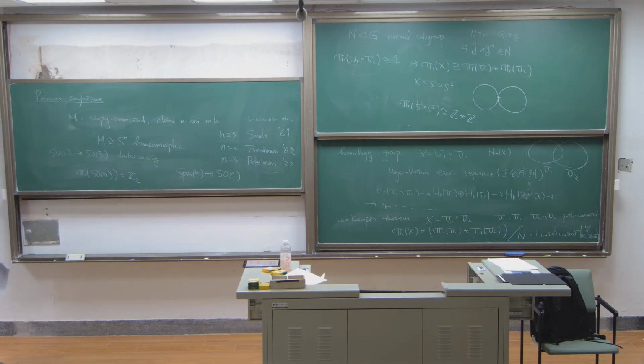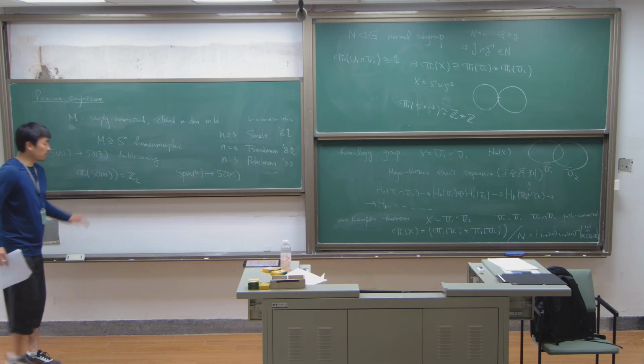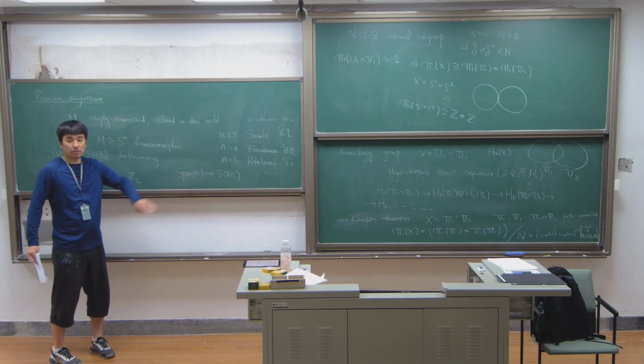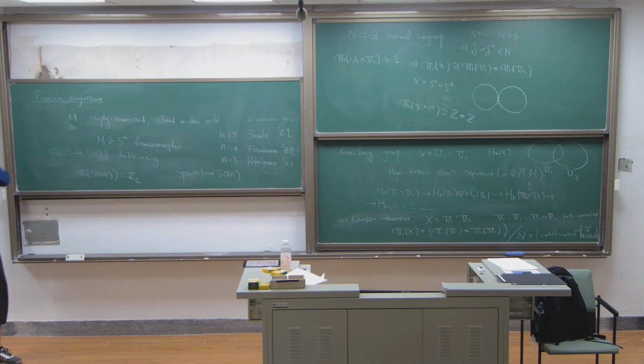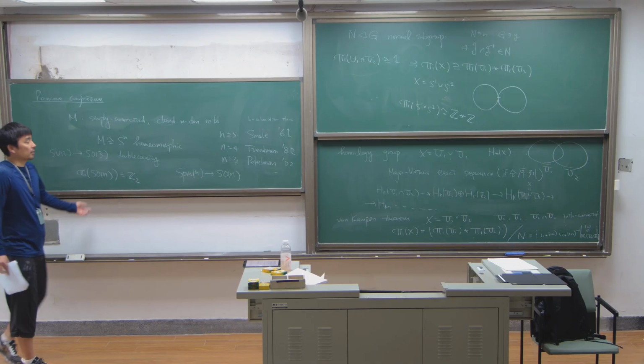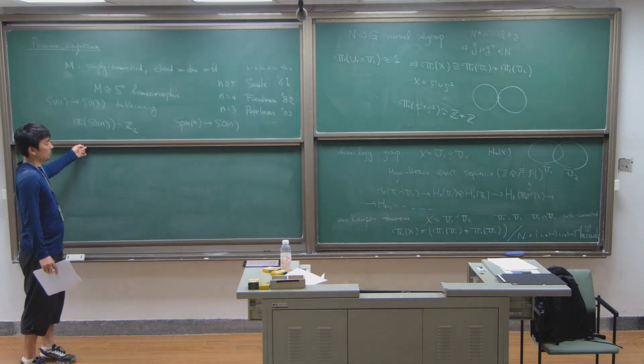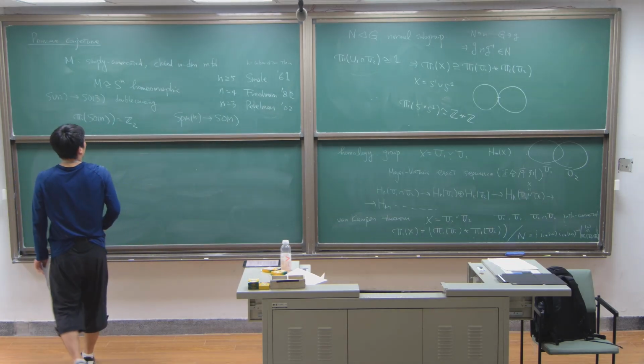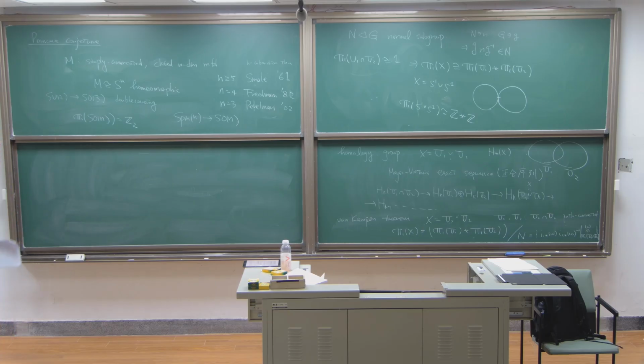SO(n) is just a rotation group, but its fundamental group is always Z2, and then it's related to spinors and so on. Anyway, that's a generalization to higher dimensional rotation groups.